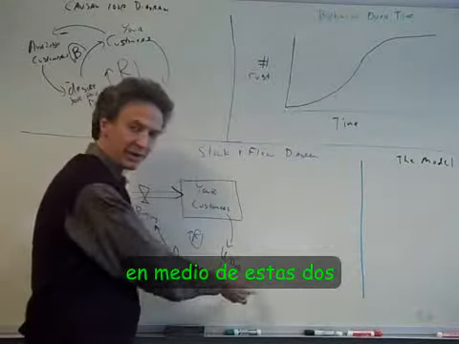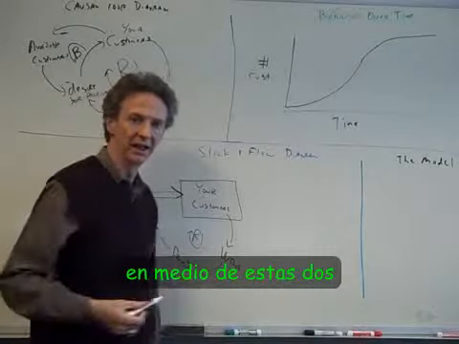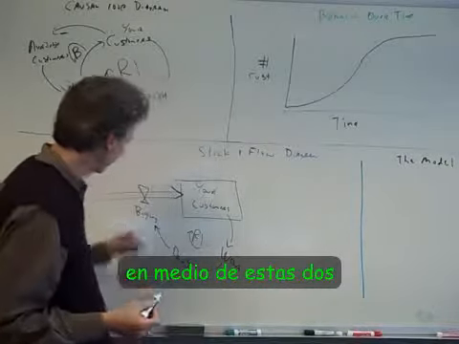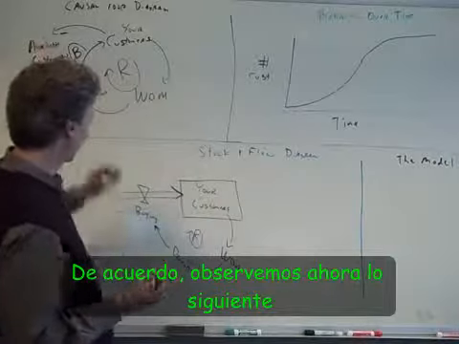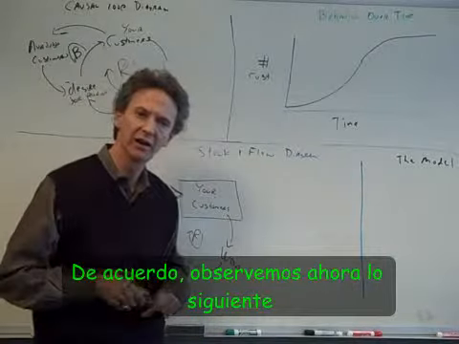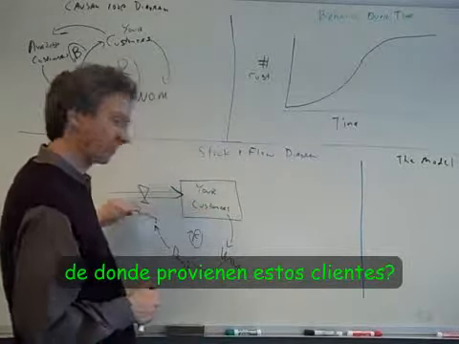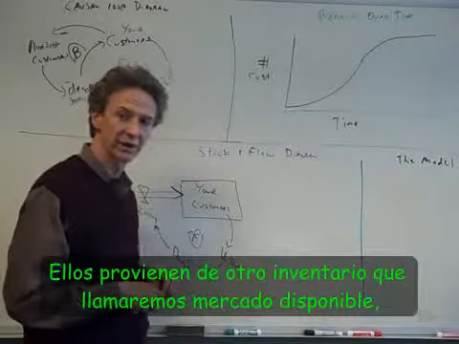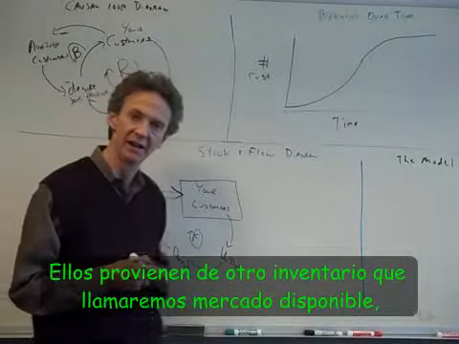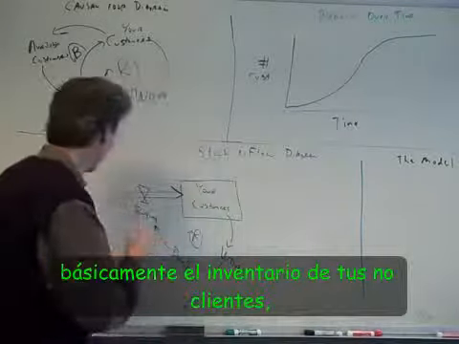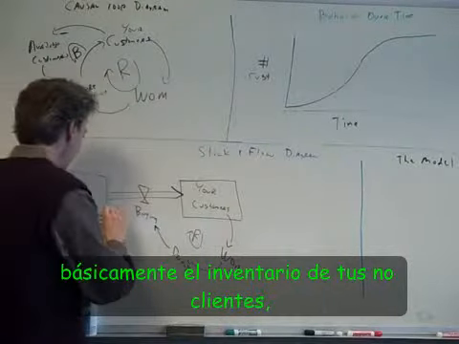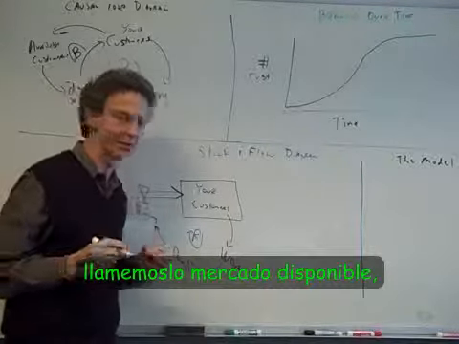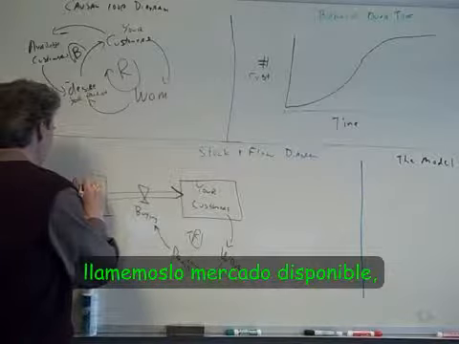So that's the reinforcing loop, basically. And we'll figure out how to measure these things when we get to Excel. Okay, now let's talk about this other loop. Where are these customers coming from? They're coming from another stock, which we'll call available market. It's basically the stock of your non-customers.